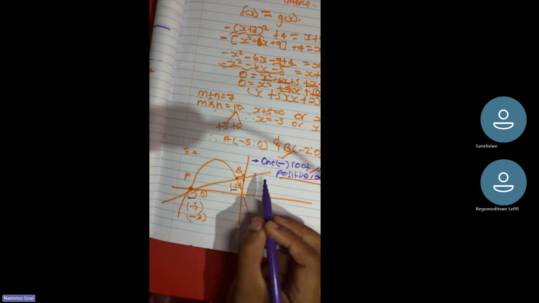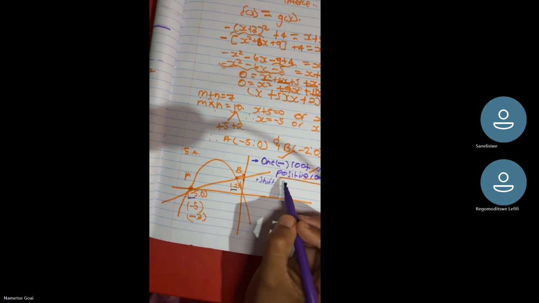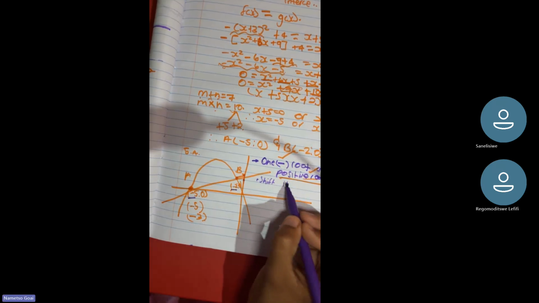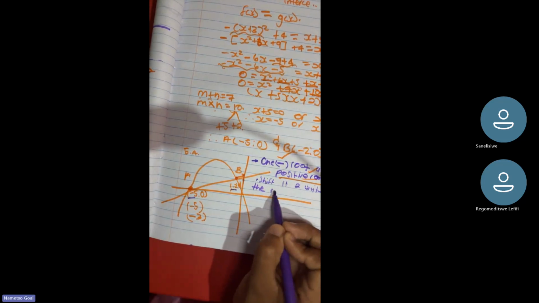So now that we agree that we have to shift it 2 units to the right, you're going to say, okay, sorry, I'm going to say shift it 2 units to the right.